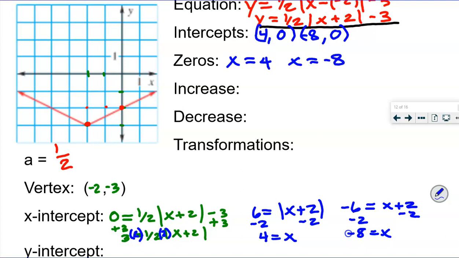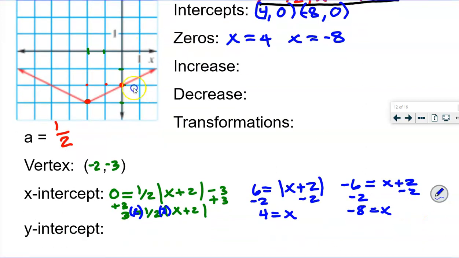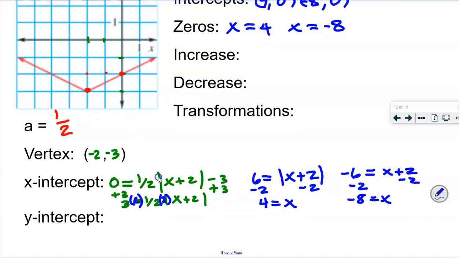Now, we're also going to solve for our y-intercept. And when we do that, we're going to put 0 in. Now, we can see it right here, can't we? It is -2, but I want to show you how to solve it because you're not always going to be able to see it. So once again, we're going to use our equation. And when we do the equation this time, we're just going to say y is equal to 1/2, and we're going to put 0 in for x, okay?